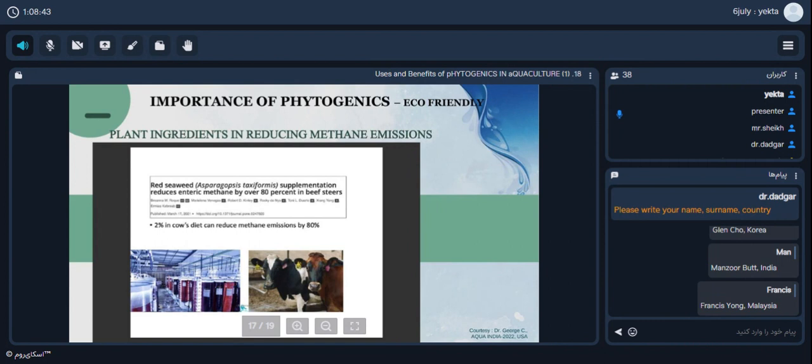In one of the research papers I had seen, when cattle are fed red seaweed, almost 80% of the methane emission is reduced compared to not fed. As you know, in recent years carbon emission is becoming a huge issue because of global warming, so there is importance of phytogenics in it. We have to work more on it.